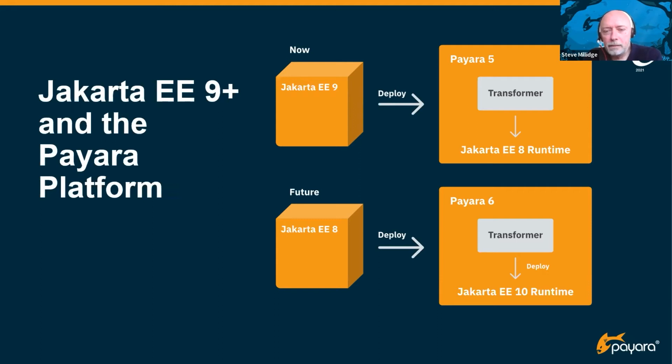And Payara 6 Enterprise will also be able to deploy Jakarta EE8 applications. We'll have to do a lot of work to make sure that your EE8 applications run well on 6 Enterprise, because as you upgrade, you will probably have some applications that you need to run on the new platform.